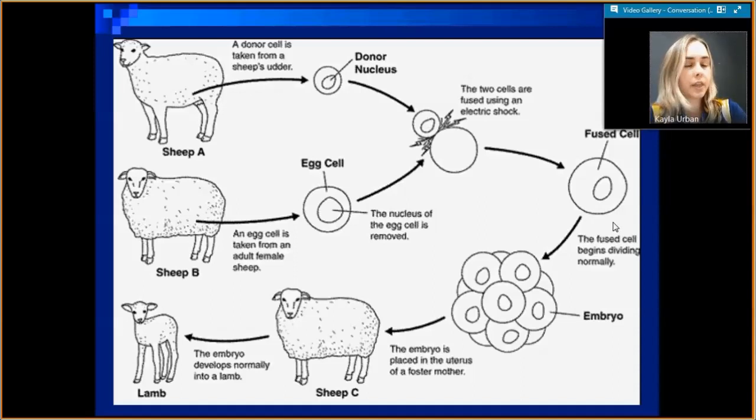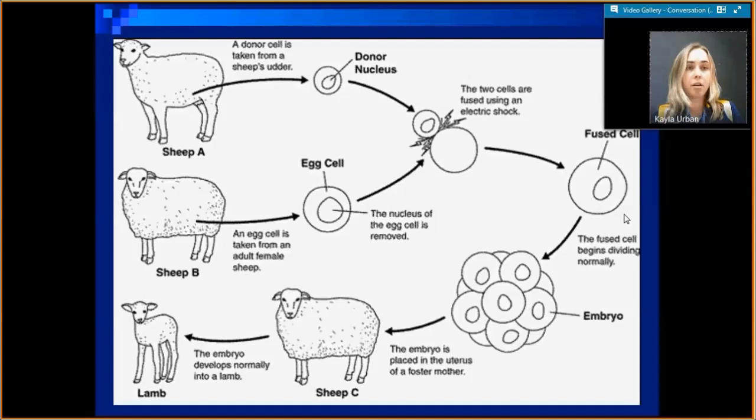Then you take that egg that has a full set of chromosomes now and stimulate it to begin dividing, and it will create that blastocyst, or that ball of cells that forms an embryo. And then you're going to place that into the uterus of a surrogate mother.